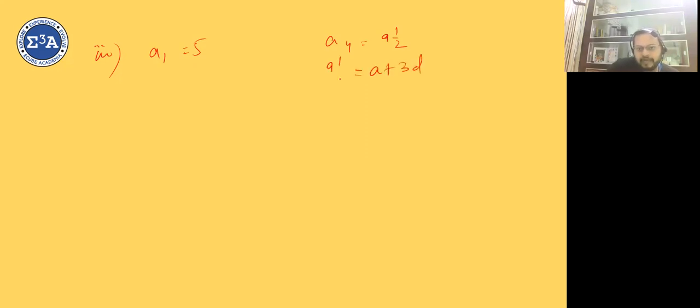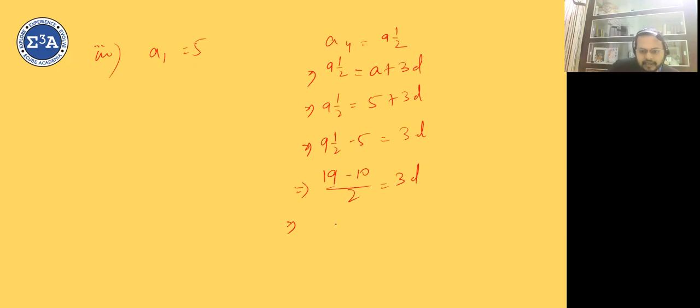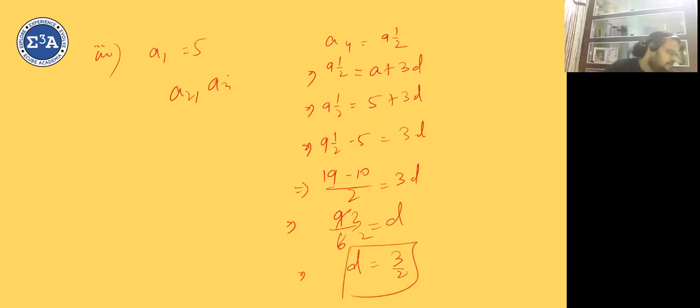So 9 whole 1 by 2 is equal to a is 5 plus 3d, which implies that 9 whole 1 by 2 minus 5 is equal to 3d, which implies that 19 by 2 minus 10 by 2 is equal to 3d, which implies that 9 by 6 is equal to d. So 3 threes, 3 by 2. d is equal to 3 by 2. So once you have d, you can find out a2 and a3.